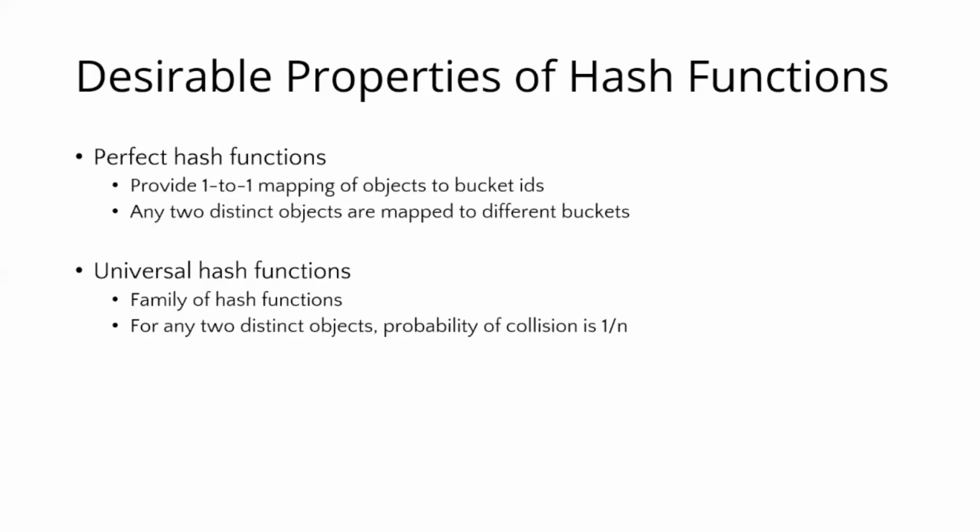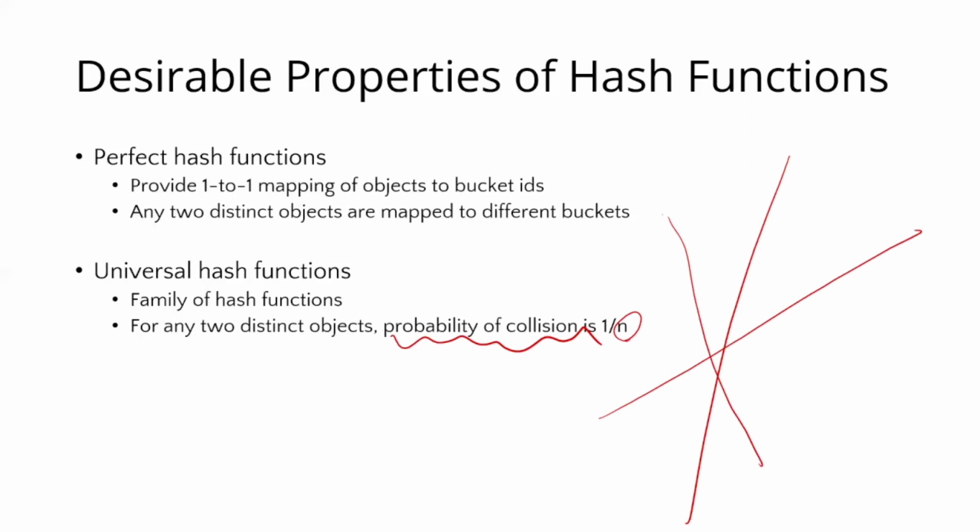And when you have a family of hash functions, the probability of collision is defined to be 1 over n, where n is the number of hash functions. What that means is, let's say you have buckets defined like this. We have essentially 1, 2, 3, 4, 5, 6 buckets over here.